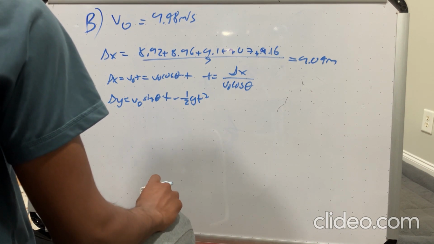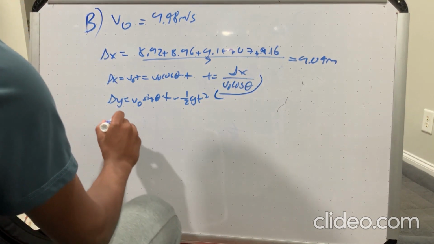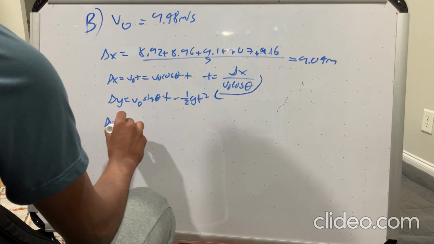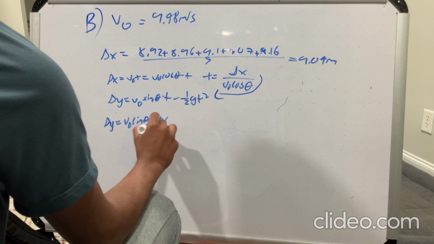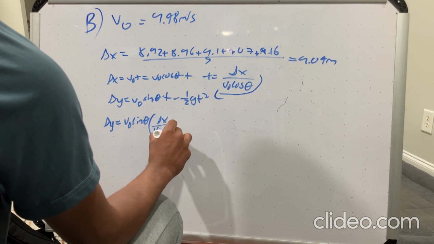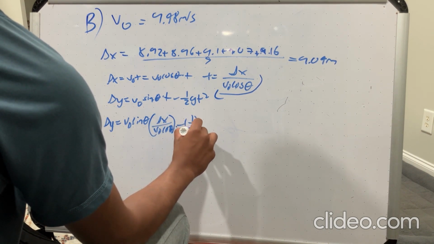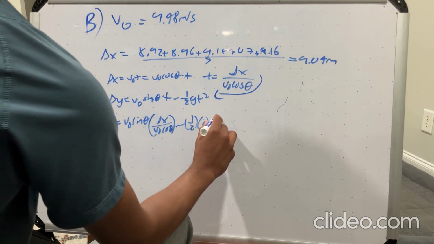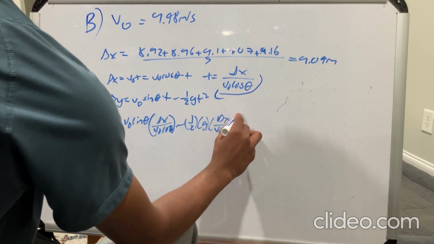And you would plug this equation in wherever there's t. So you would get change in y equals v naught sine theta times change of x over v naught cosine theta minus 1/2 g times change of x over v naught cosine theta, squared.